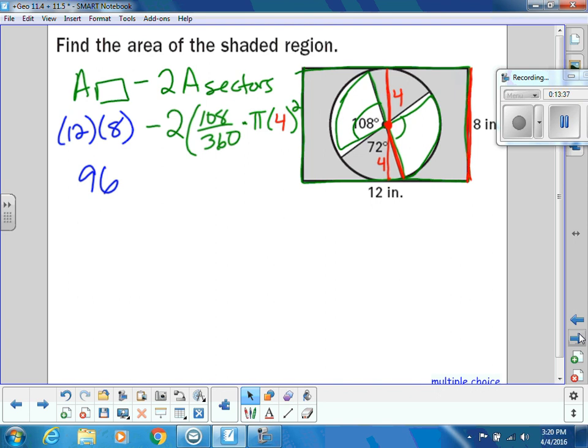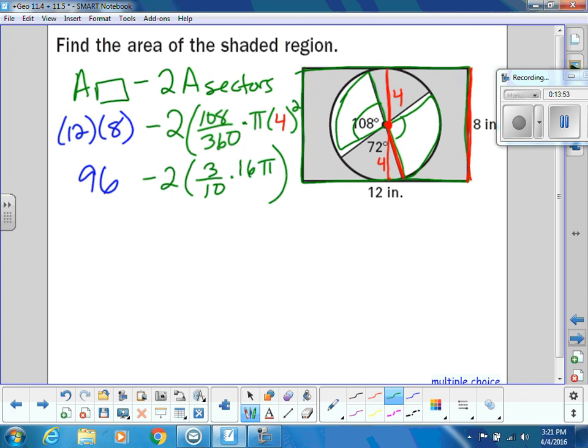So 108 over 360, that reduces to be 3/10 times 16 pi. And let's do this all at once. We're doing 2 times 3 times 16 and reducing that over 10.